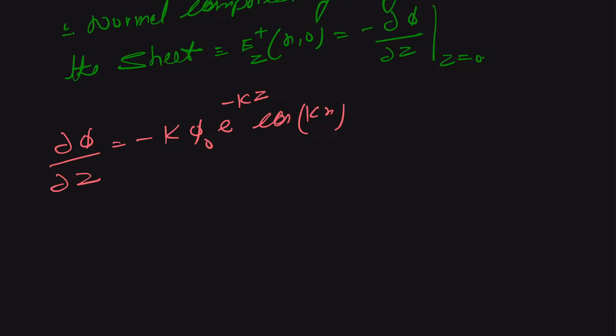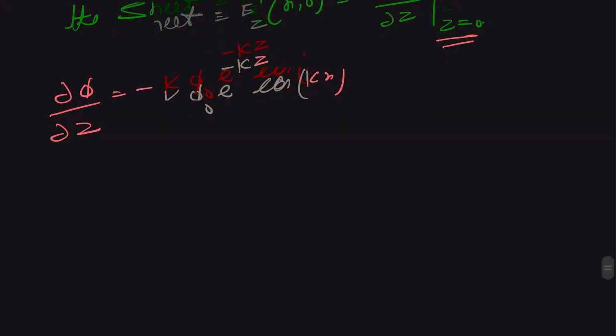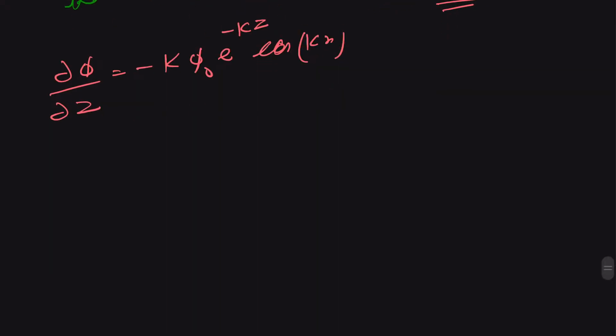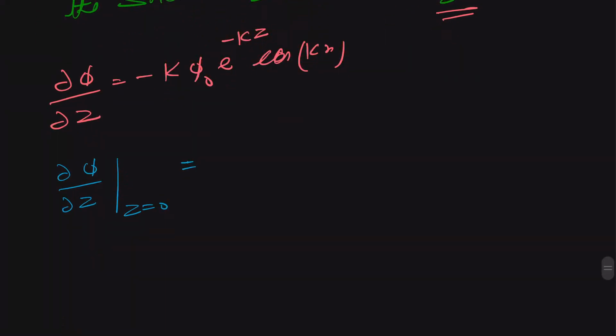Now we have to find out at z is equal to 0. Therefore we can say that the partial derivative at z equal to 0 is nothing but our electric field.